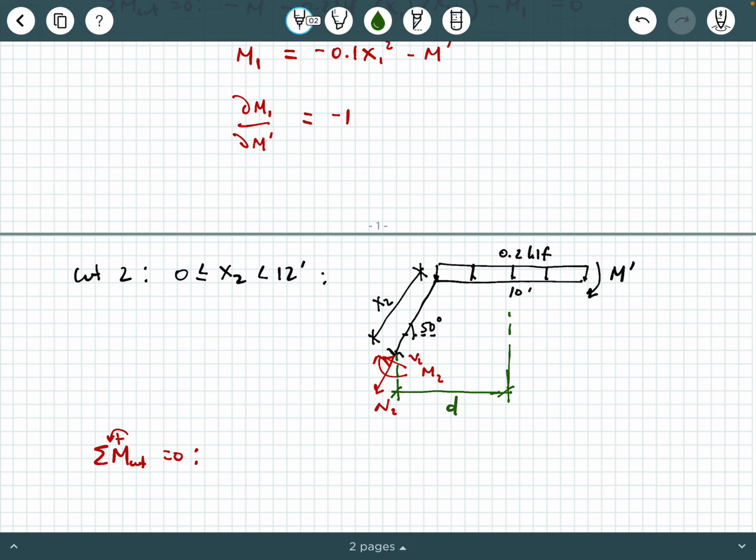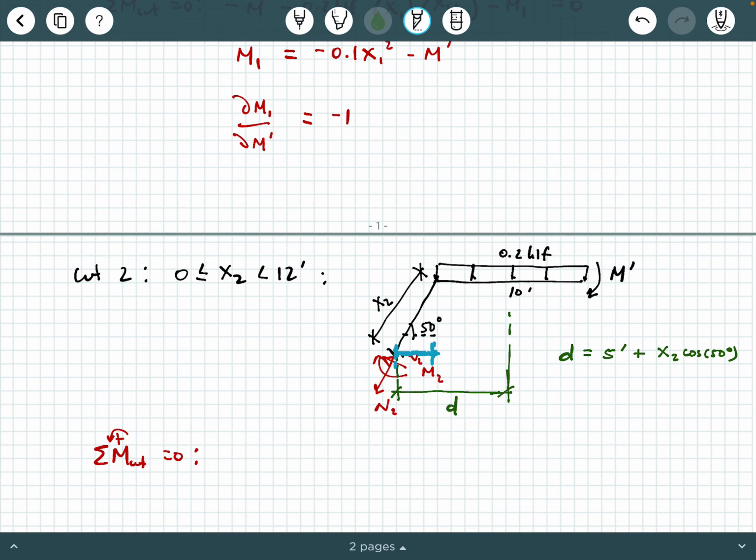Now, how do I get D? Well, I'm going to use basic trigonometry here. D is going to be equal to 5 feet plus x2 cosine of 50 degrees. How do I know that? Well, again, this distance right here is 5 feet. That's this 5 feet. What about this little horizontal distance, right?